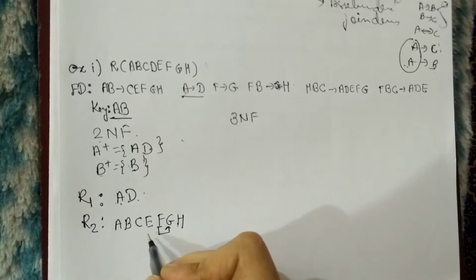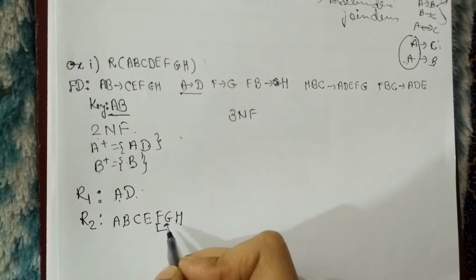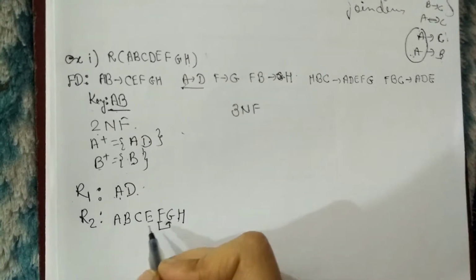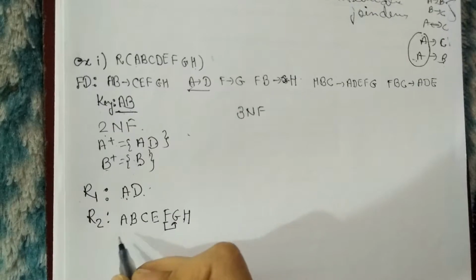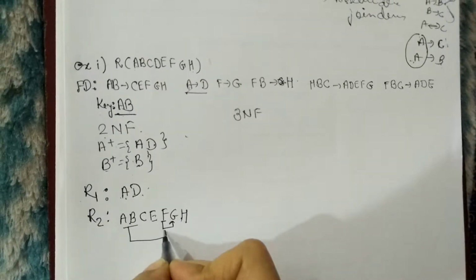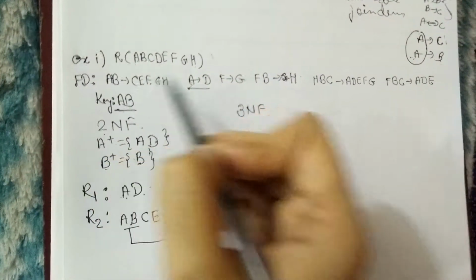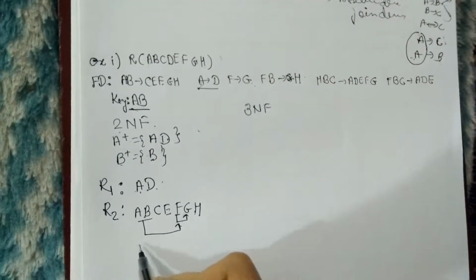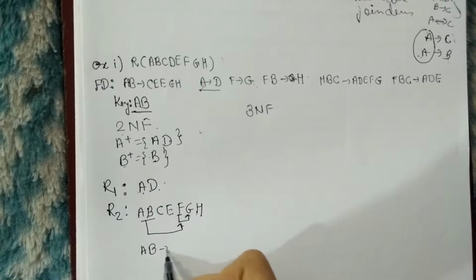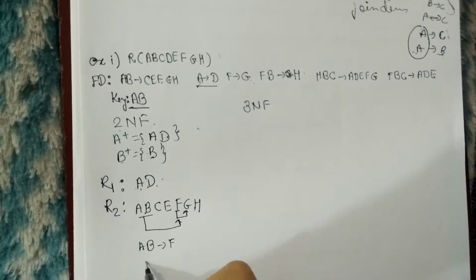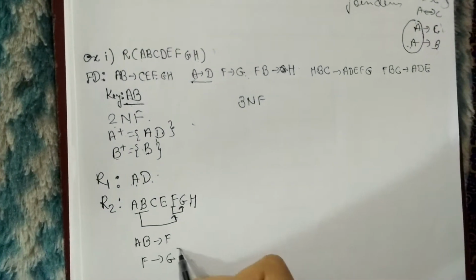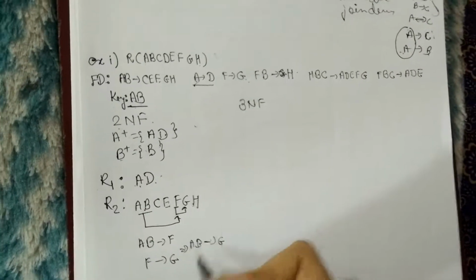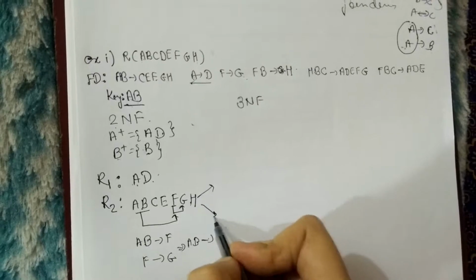For example, F determines G, and we also have AB determines F. So AB determines F and F determines G, so indirectly AB determines G. That becomes the transitive dependency, so we have to remove it.